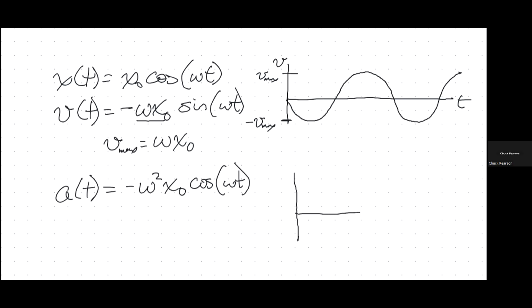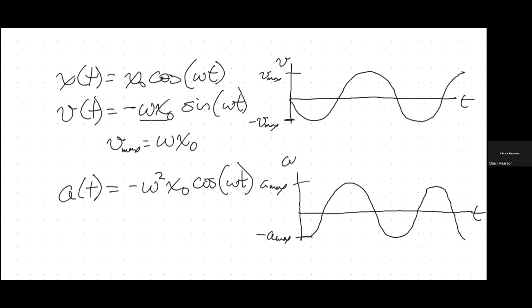And we can build an a of t function starting from the negative max acceleration. If I was doing this properly, I'd have these perfectly aligned with one another. I think I've botched the perfect alignment somehow, but you see the shape. That's a negative a max there, that's a max there. And the maximum acceleration then is omega squared times x naught.